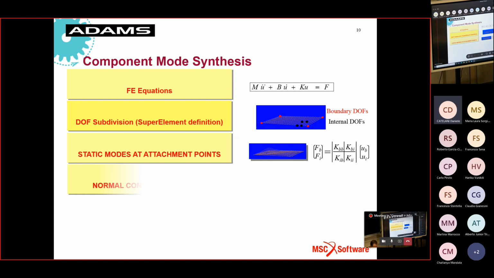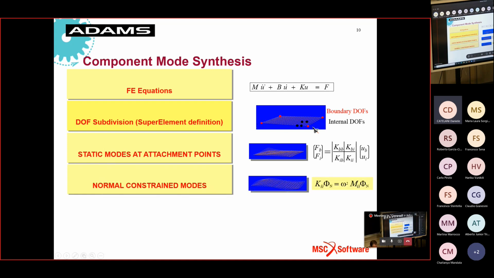What is the idea? You have your flexible body defined with nodes and elements. So there is a mesh and the properties of the elements of the mesh. On this mesh, you assign the master nodes or interface nodes in correspondence of connections or applied forces you will define in Adams. I mean, you don't define constraints or loads in the finite element code, absolutely not.